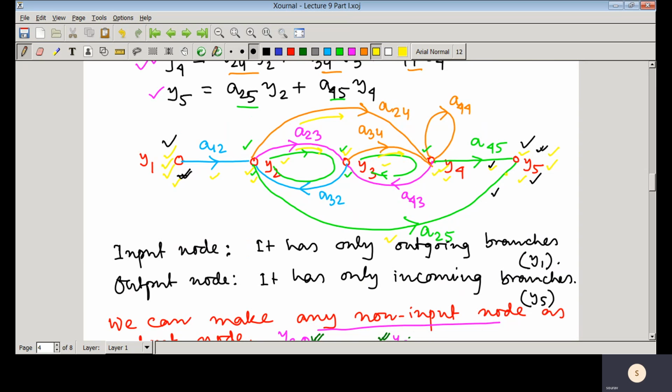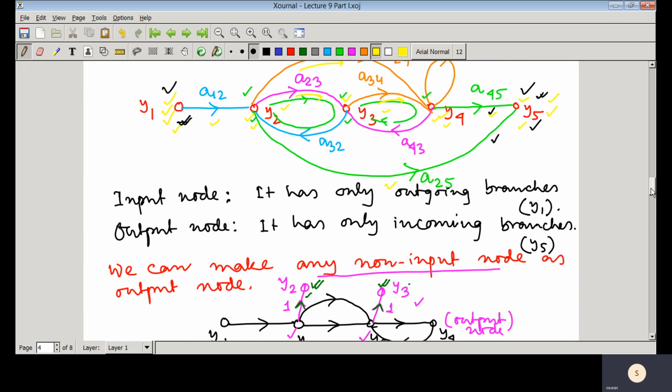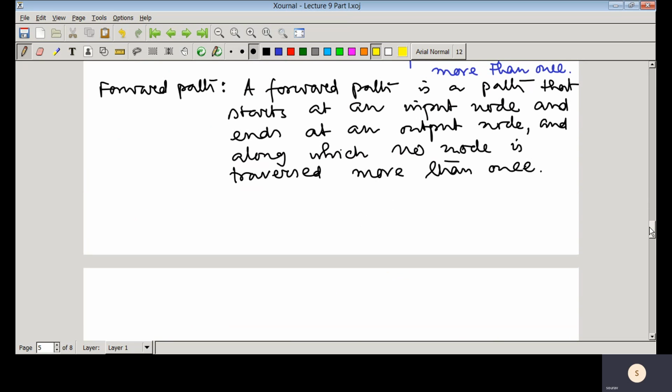So in this particular signal flow graph, you have three forward paths. Those are y1, y2, y5.